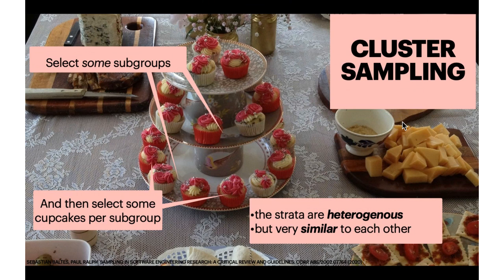So we first of all select the subgroups, and then we select cupcakes within subgroups. So this is a different story compared to, for instance, quota sampling, where the idea was to include elements from every single stratum. This is not the case here.